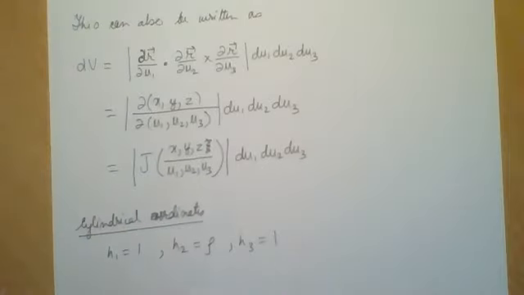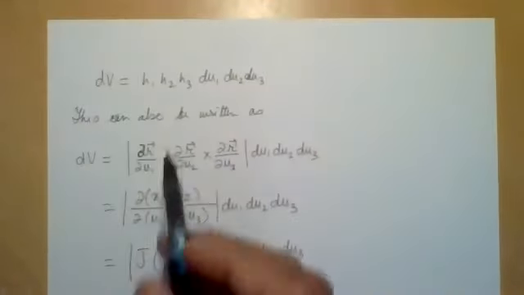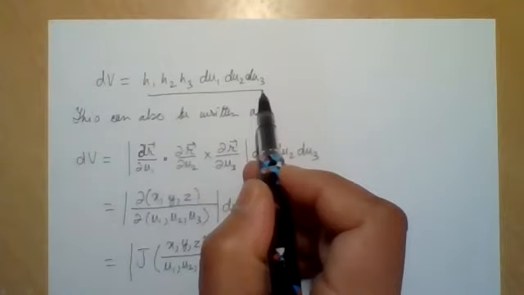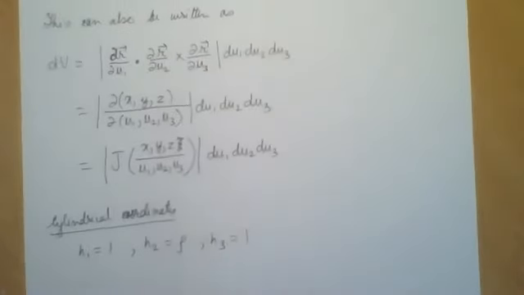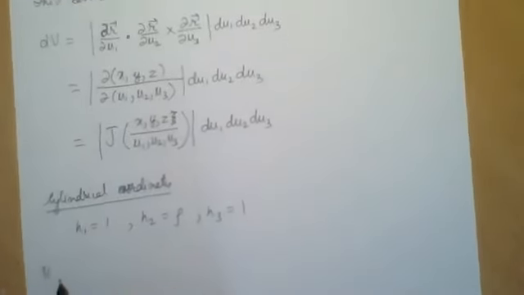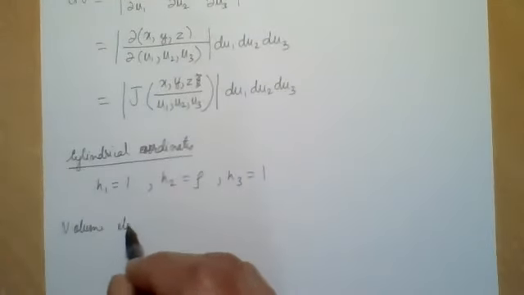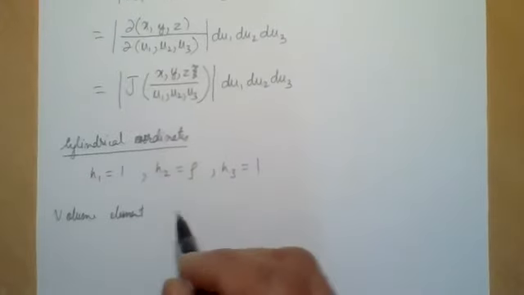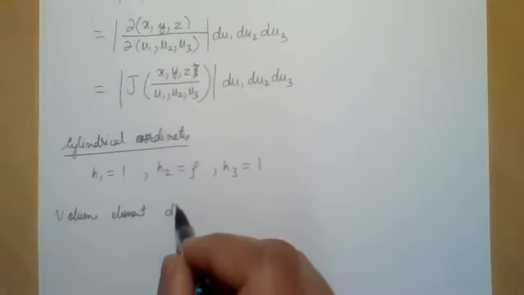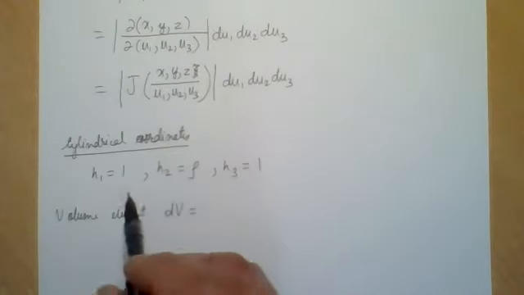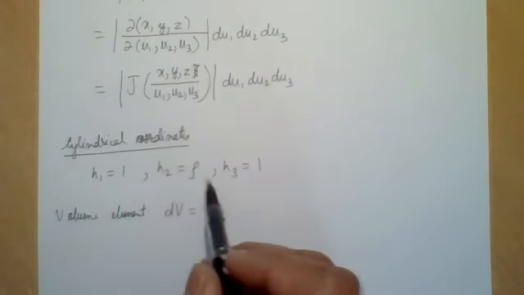So from this expression, we can write down the volume element. Therefore, the volume element dV is equal to h1 is 1, h2 is rho, h3 is 1.